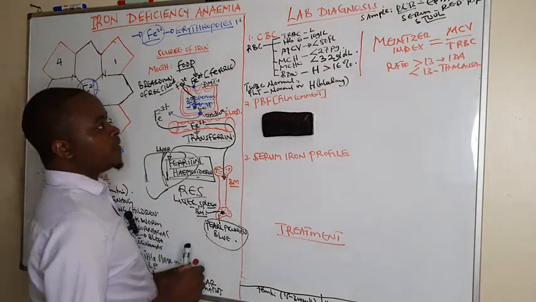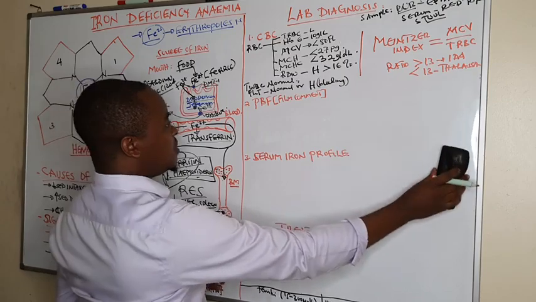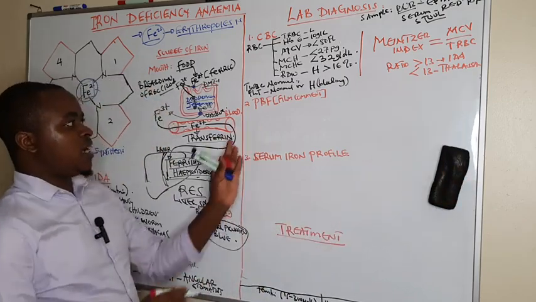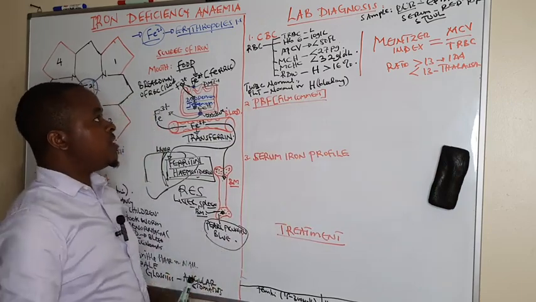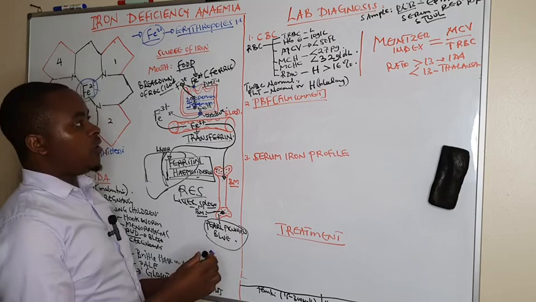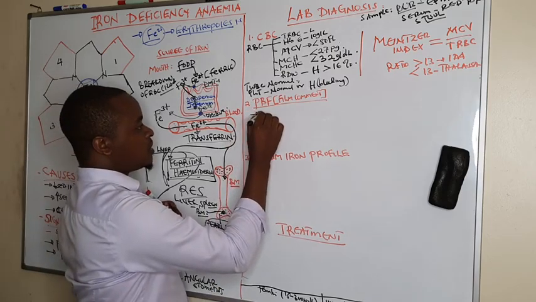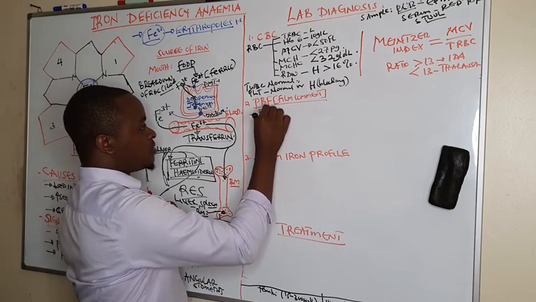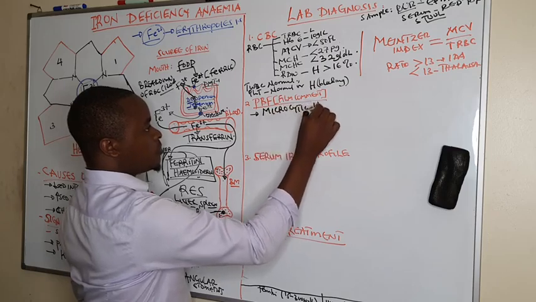So that's why we say that people with iron deficiency have hypochromic microcytic cells, as we're going to see under thin film comment, whereby we shall see the cells are microcytic, hypochromic.